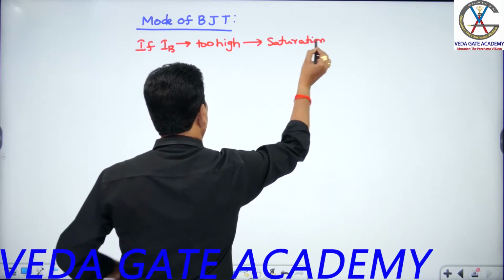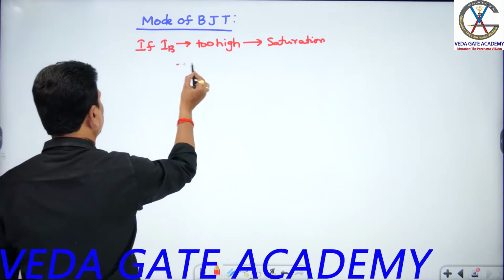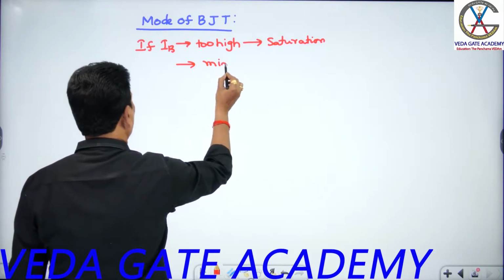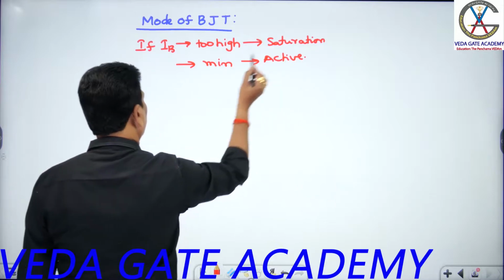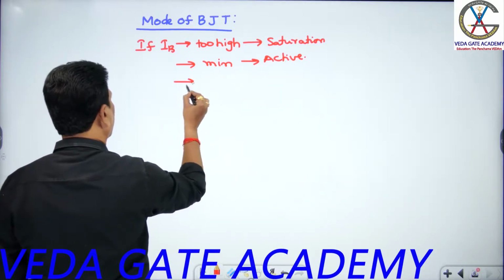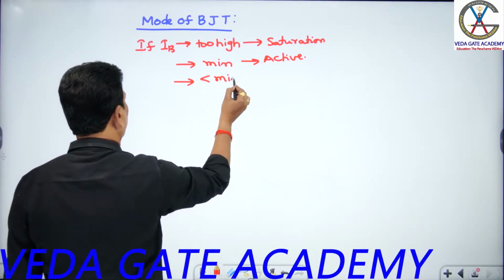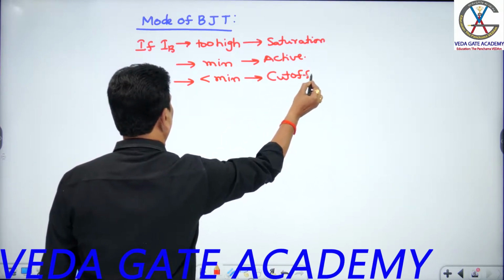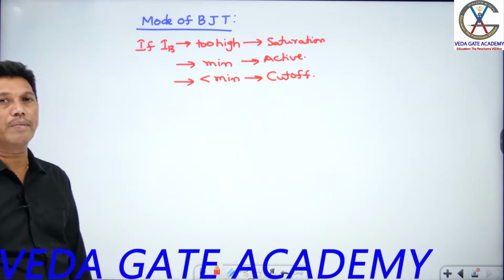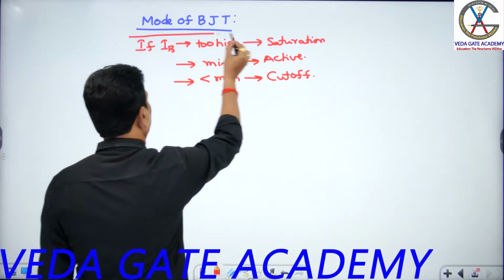If it is not high and not low, but a limited, minimum allowable value, that is called active mode, students. Suppose the base current is less than the minimum, not the required value itself, then it will be cut off. So this is the discussion in terms of base current.